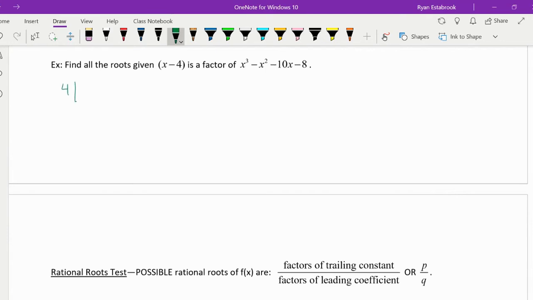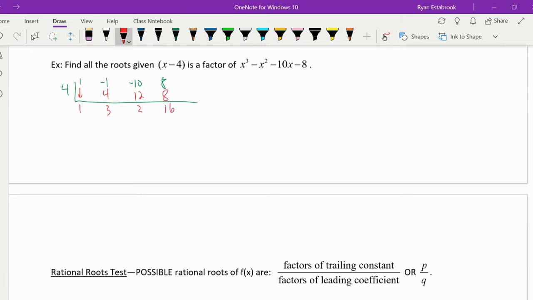So using that to my advantage, I'm going to use synthetic division with those coefficients and see if I can simplify this down. One, 4, 3, 12, 2, 8, 16.